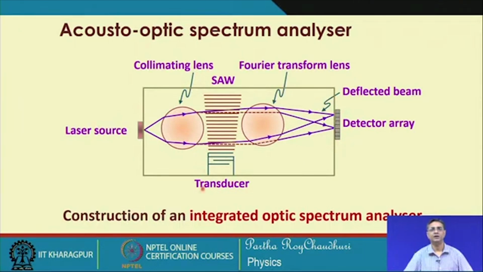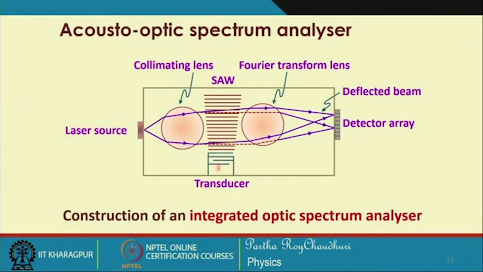Depending on the frequency components of the acoustic wave, they will be deflected and collected at different points on the detector array. For one frequency there will be one position on the detector, for another frequency there will be another position.